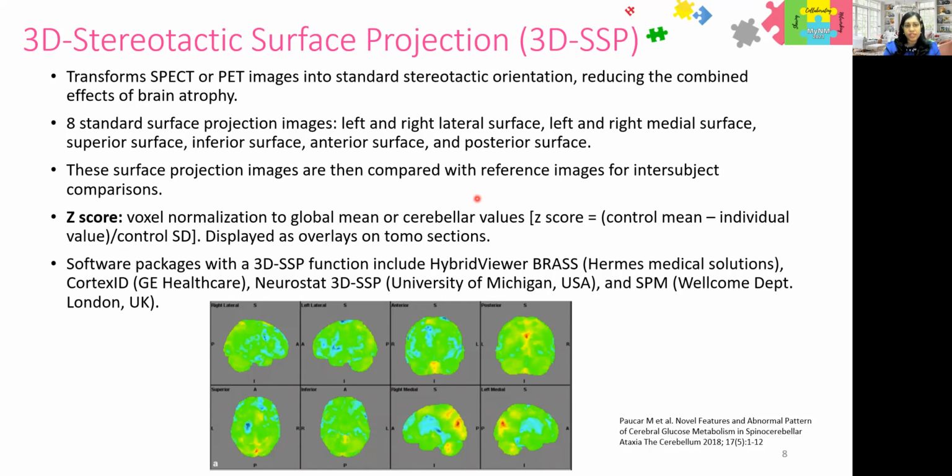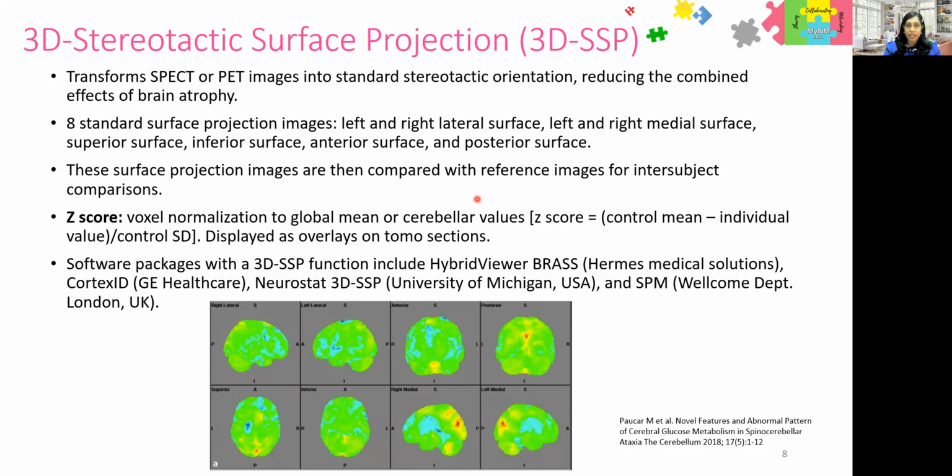These surface projection images are then compared with reference images from inter-subject comparison. Z-scores will be calculated, which are the voxel normalization to global mean or cerebellar values. The Z-score is the control mean minus the individual value divided by the control standard deviation.